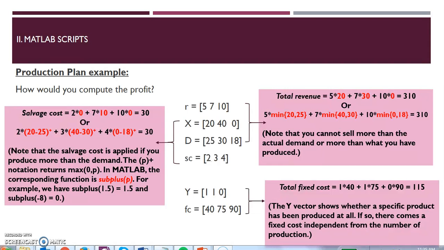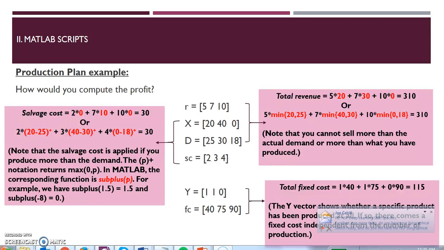How? All you need to do is to multiply the vector y by the vector fc element by element, and then take the sum of the elements of the resulting vector. In this example, the total fixed cost is 1 times 40 plus 1 times 75 plus 0 times 90, which implies it is $150.